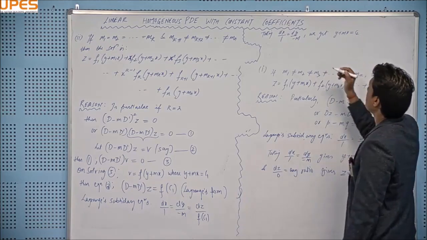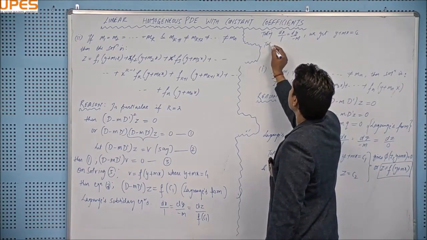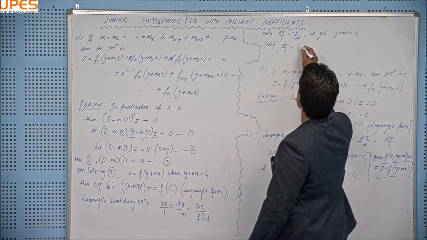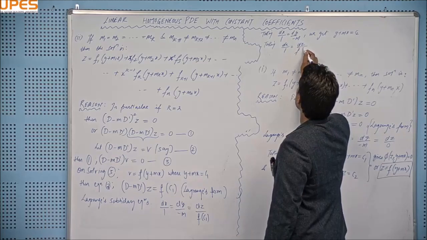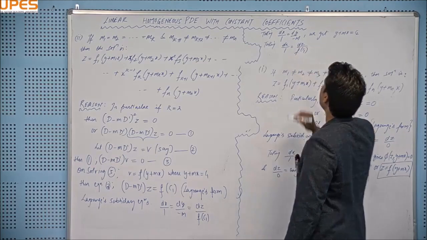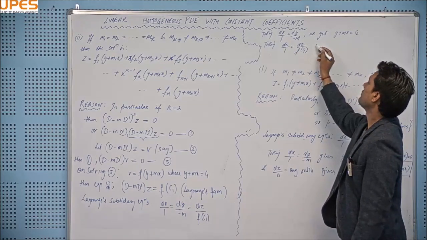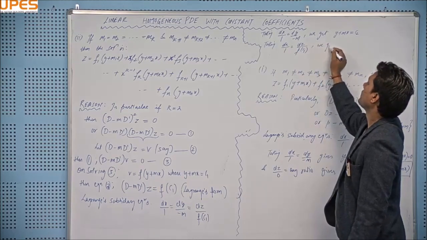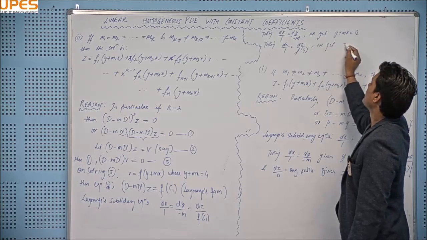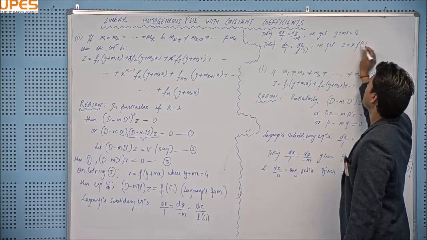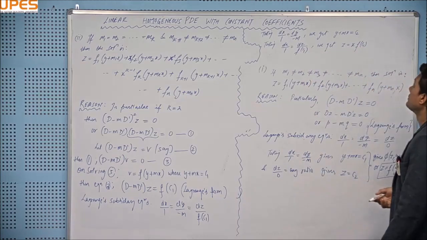And taking the first ratio equal to the third ratio, dz over f(c1), on integration, f(c1) gets multiplied here, and the integration will be z = x times f(c1), because the integration of dx will be x.